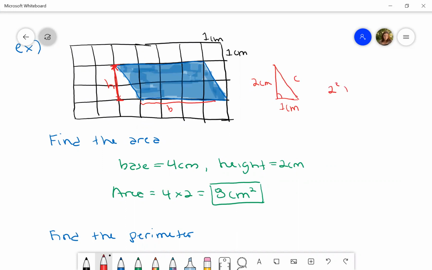So 2 squared plus 1 squared equals c squared. So that's 5. Just went ahead and jumped right into it. So c is the square root of 5. Let me grab my calculator and plug that in. I'm getting 2.2. You could even go 2.24 if you wanted. Why not?